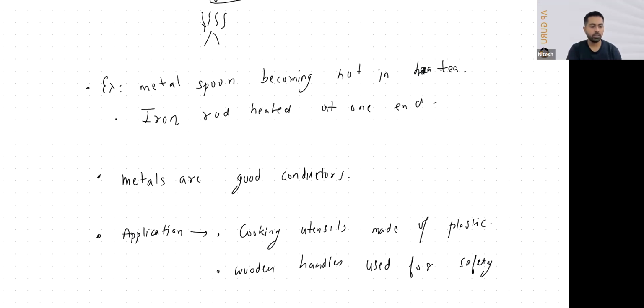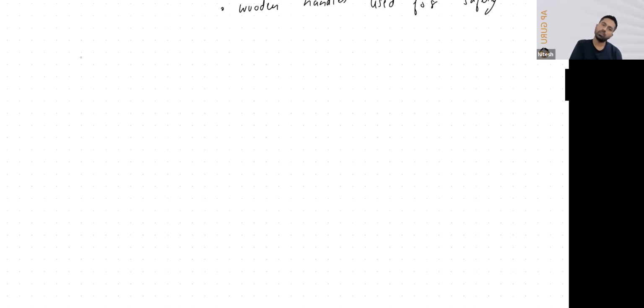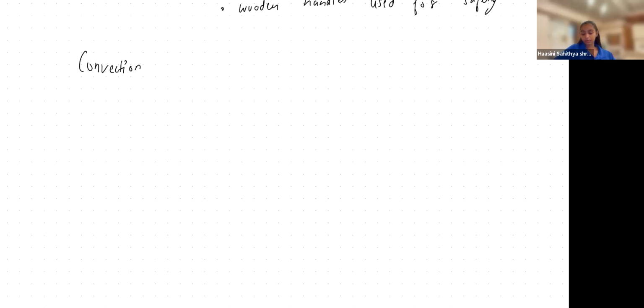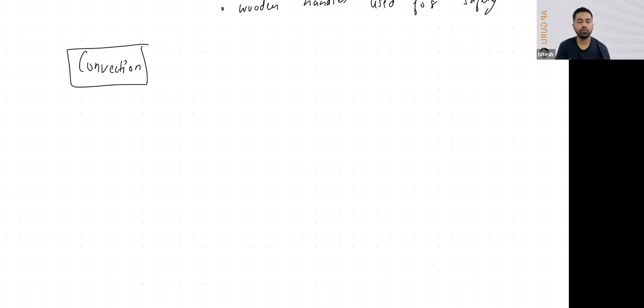The next process is convection. Sir, I think I know an experiment about convection. Yeah, tell me. Basically, there's a square kind of tube with liquid all around it, and we put a colored liquid into it.